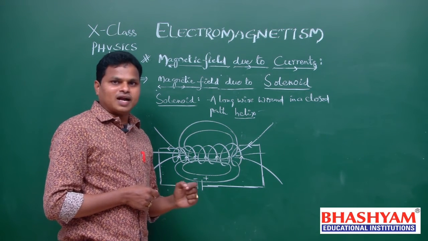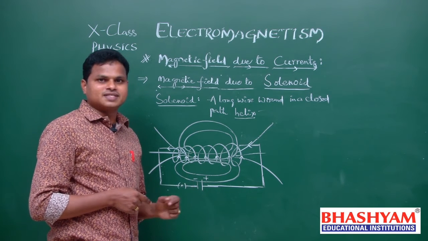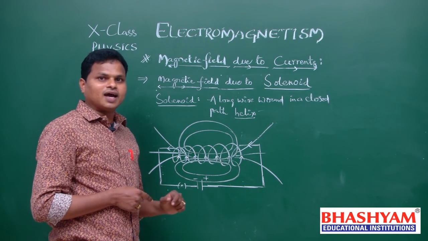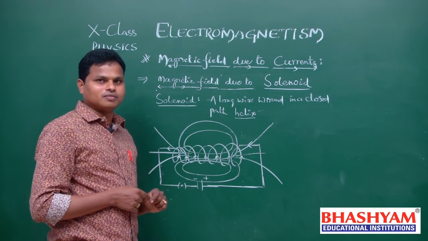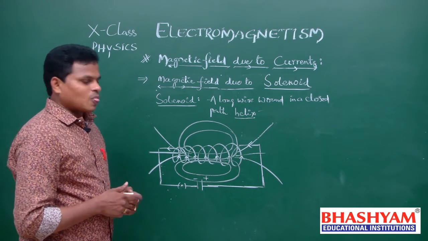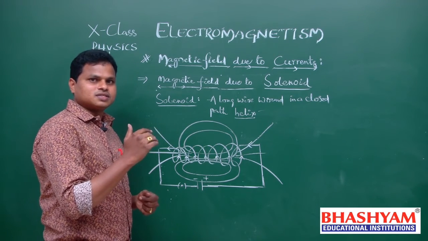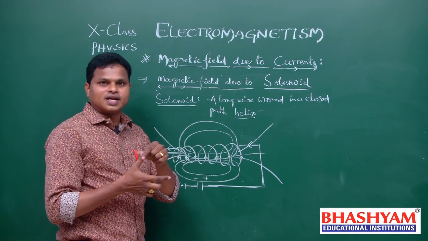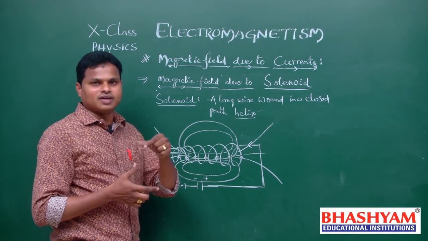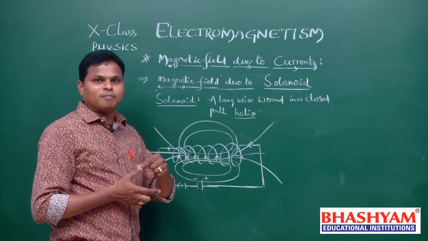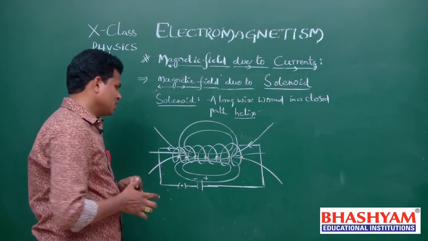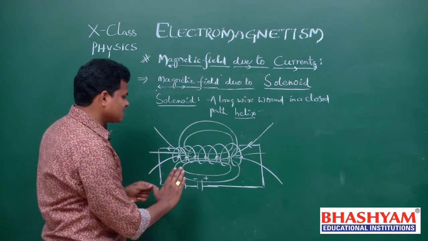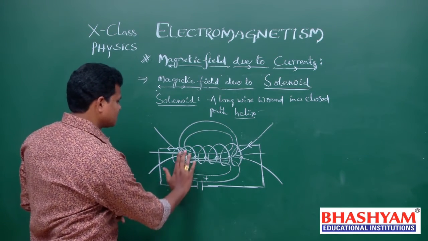The direction of magnetic field due to a solenoid is determined by the right hand rule. Right hand rule means the curled fingers are in the direction of current, and the thumb gives the direction of the magnetic field, the direction of magnetic north pole. Now, here current passes clockwise like this.